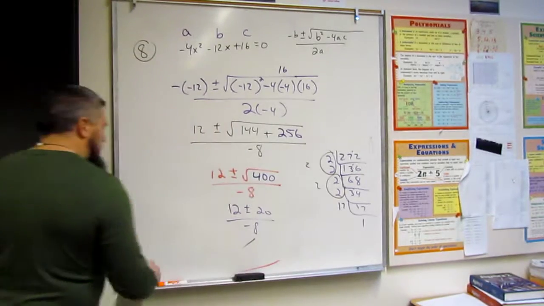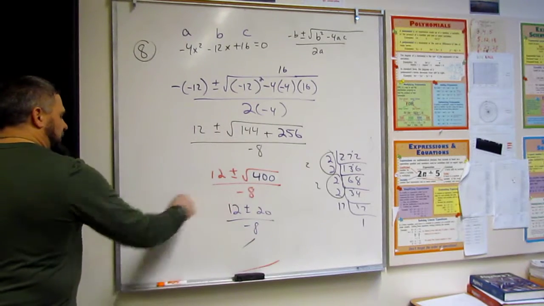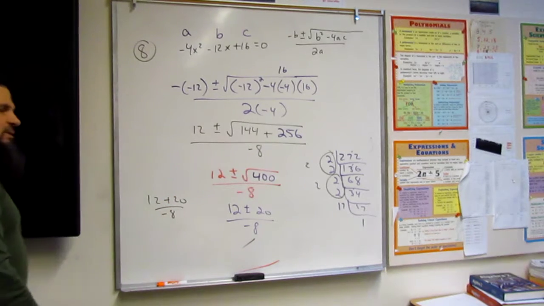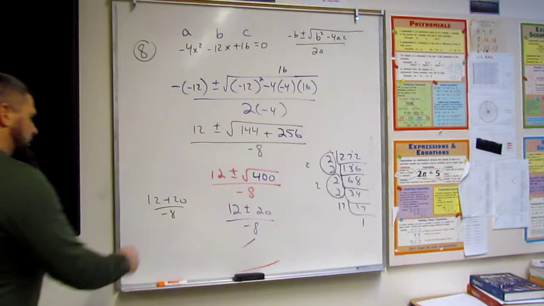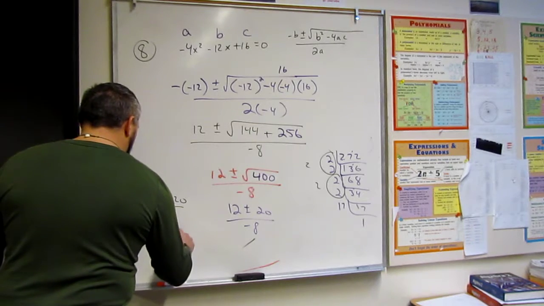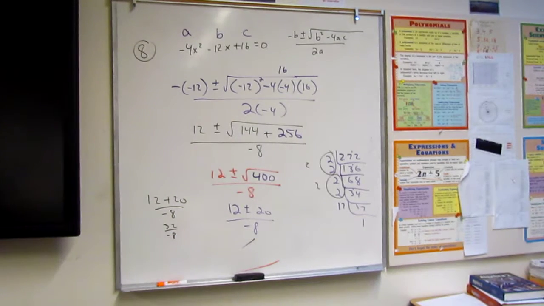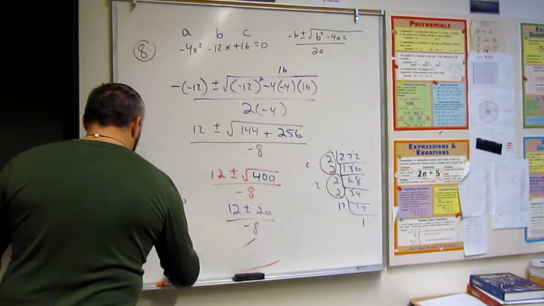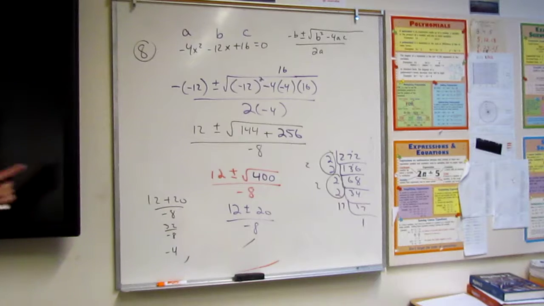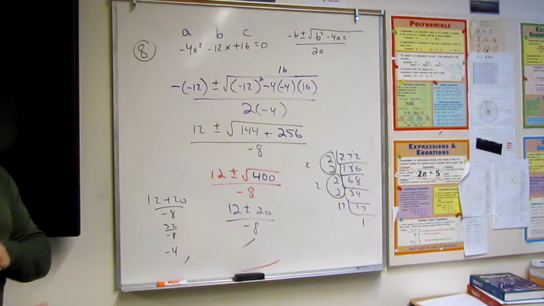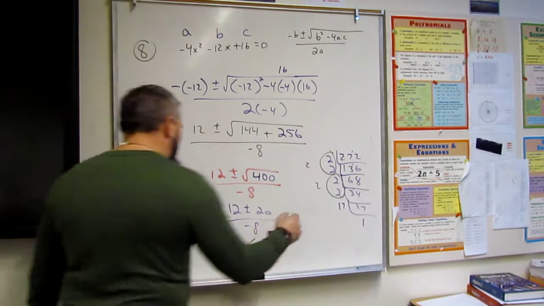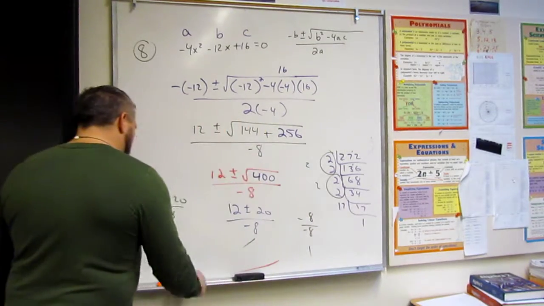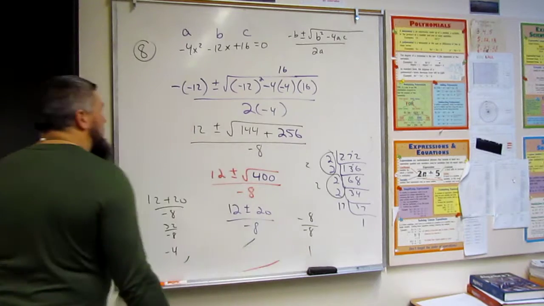One direction is going to be 12 plus 20 over negative 8, which is 32 over negative 8. So 32 divided by negative 8 would be how much? Negative 4. And then we do 12 minus 20, which would be minus 8, over negative 8, which would be 1. So we got negative 4 and 1.